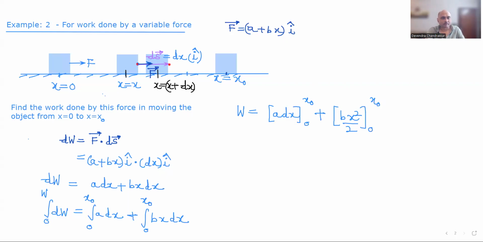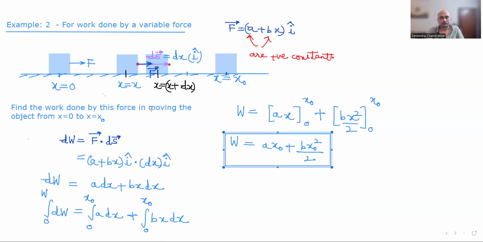One thing I forgot to mention here was these a and b are positive constants, okay? So when we substitute the limits here, it is a x naught plus b x naught square by 2. This is W. I hope all of you understood this.